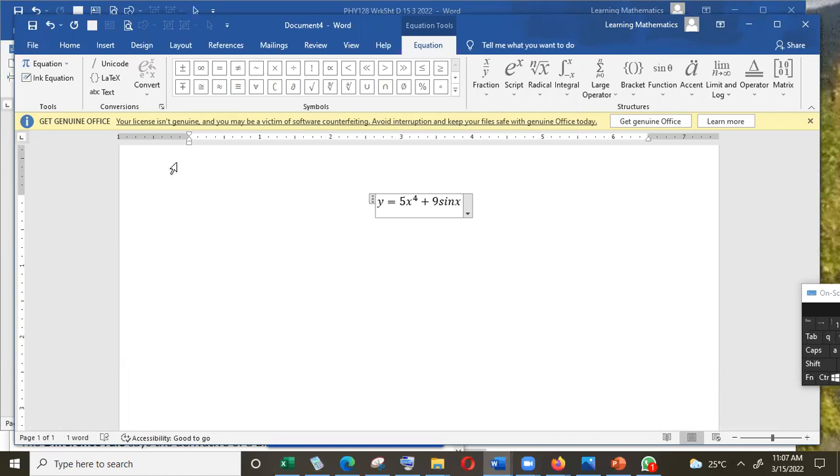And bear in mind, we said anytime you see x and y, they are potential variables in the real world. So x could mean anything. x could mean time, time raised to the power of 4, and y could mean distance. So just bear that in mind.